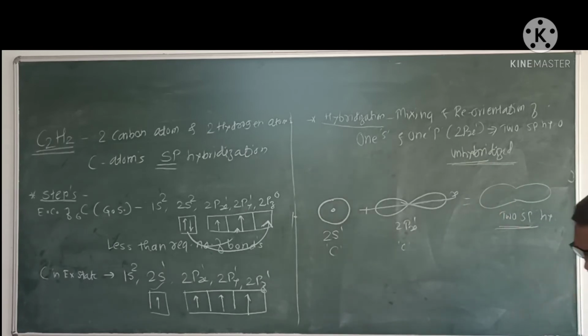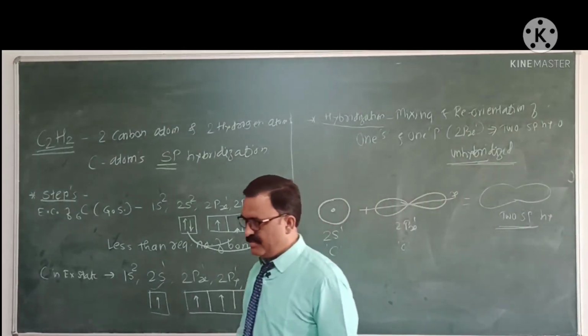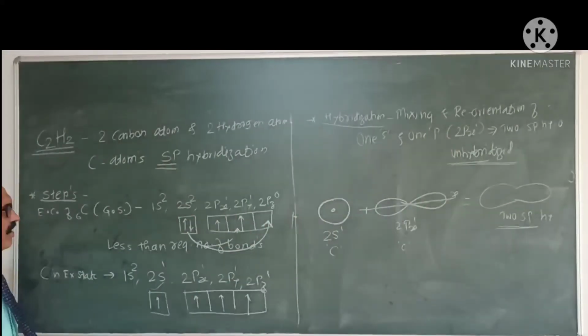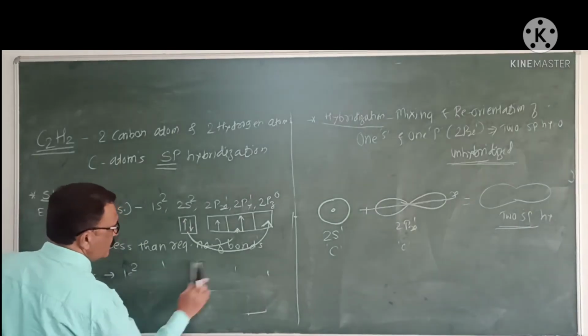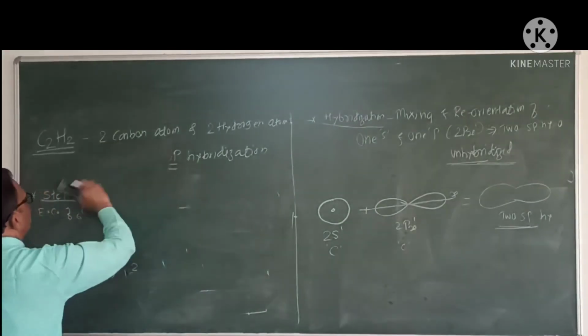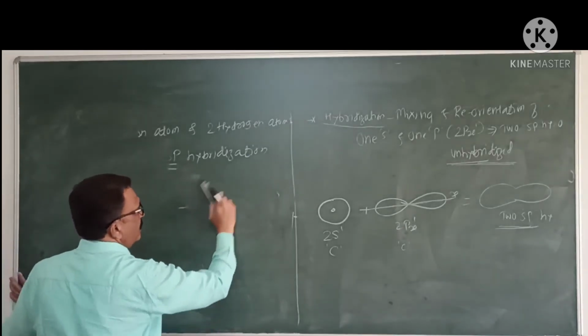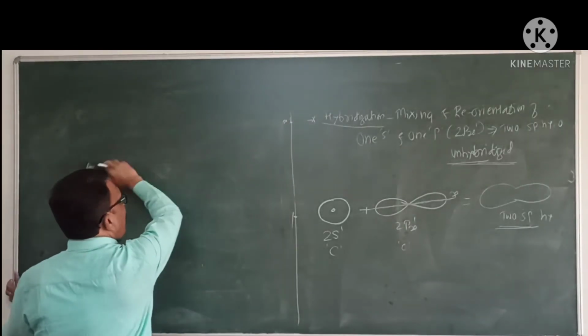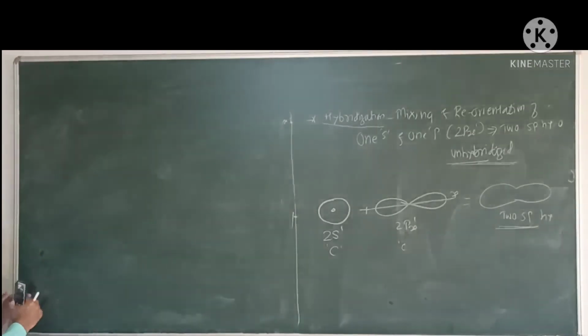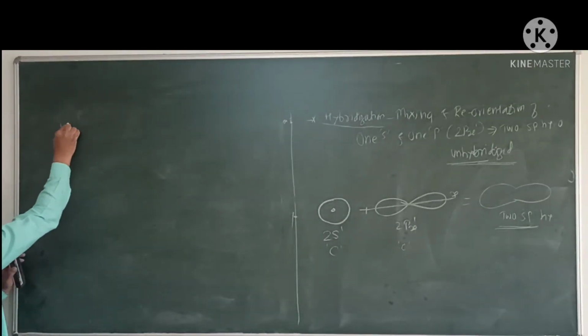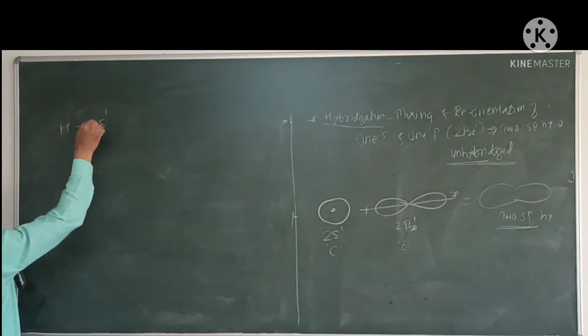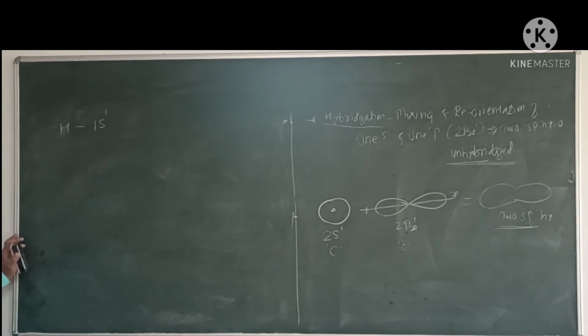Now, we will discuss the overlapping of atomic orbitals. This acetylene molecule has hydrogen atoms having electronic configuration 1s1.